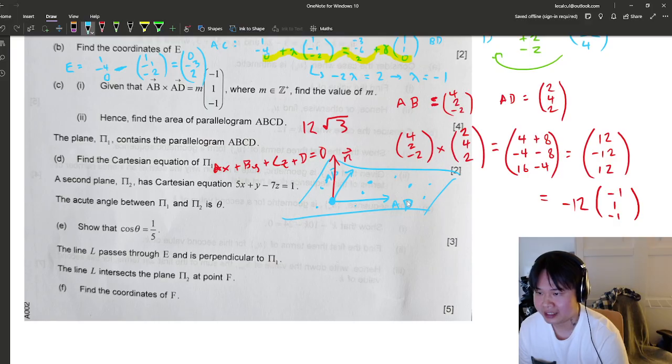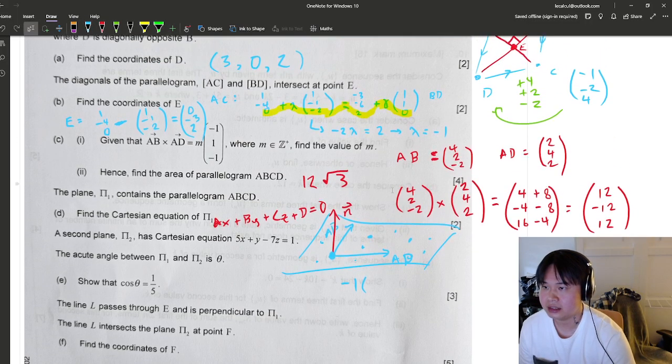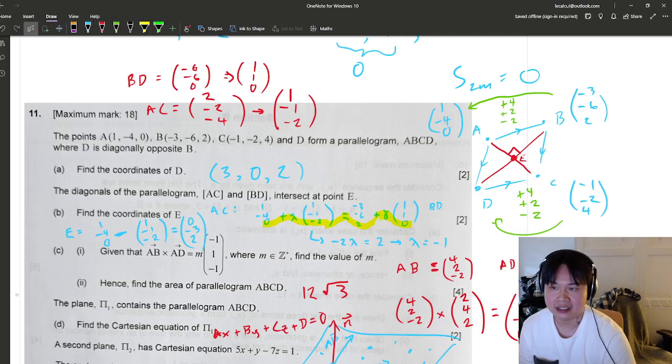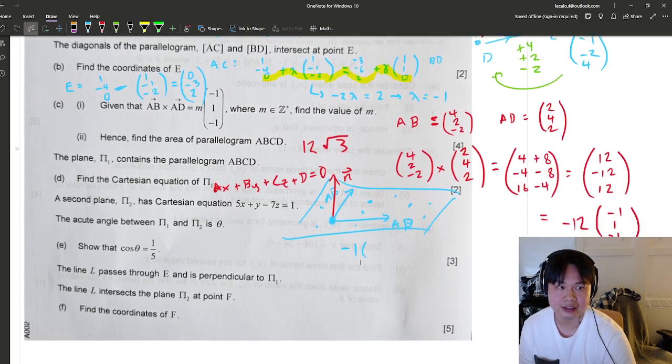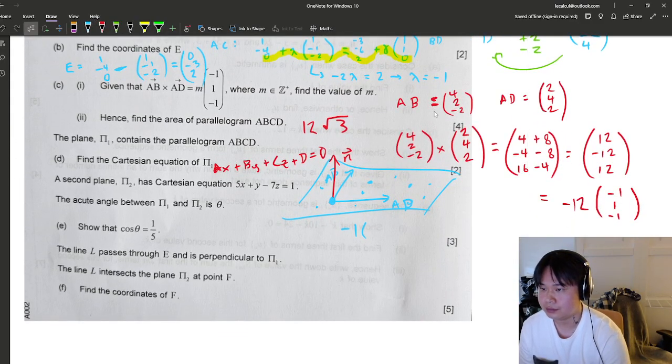So we have a as negative 1. I'm going to use A: 1, negative 4, 0. So let's say that this is A right here. 1, negative 4, and 0. So x is 1.